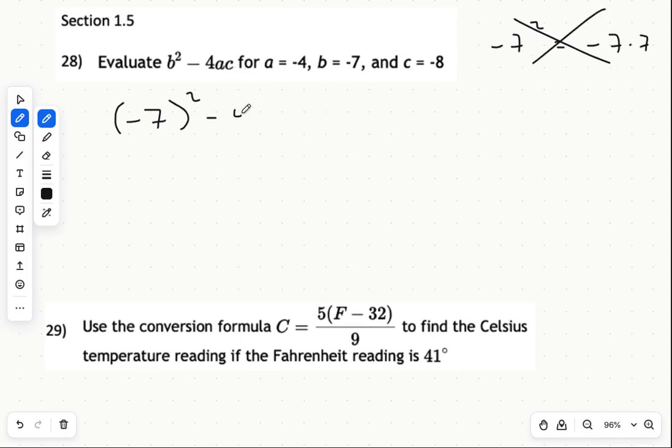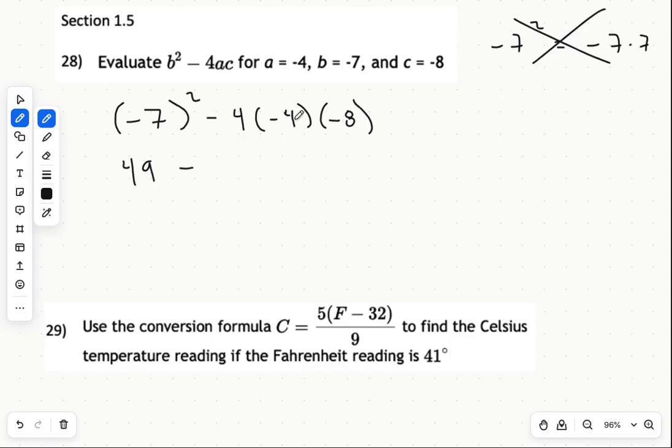And then we're going to go minus 4 times a is negative 4. And anytime you're substituting in, it's safe to put parentheses around that, and that will help you with what the sign should do. And then c is going to be negative 8. So negative 7 squared would be positive 49. And then we got 1, 2, 3 negative signs.